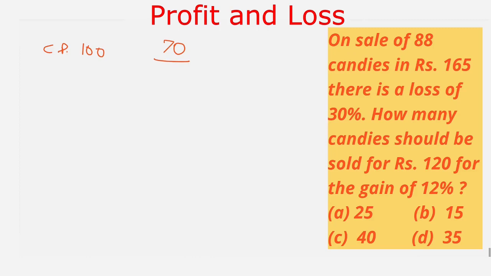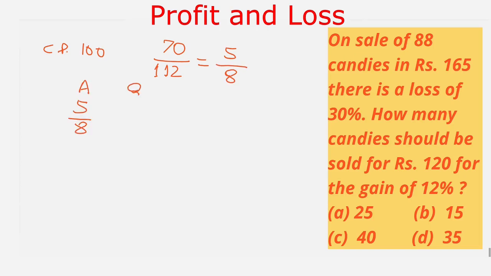So it becomes 100 plus 12 is 112. These two amounts are in the ratio. If we cancel 70 by 14, then it comes out to be 5, and 112 by 14 we get 8. This amount is in the ratio 5:8.